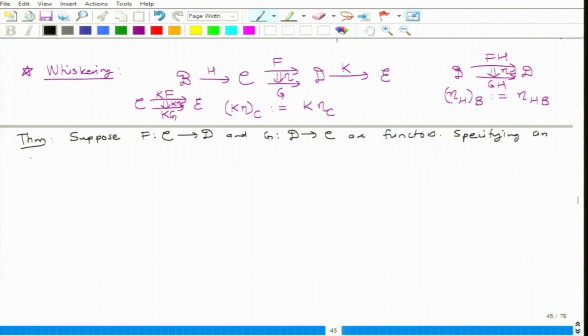an adjunction, F left adjoint to G, is equivalent to specifying natural transformations.